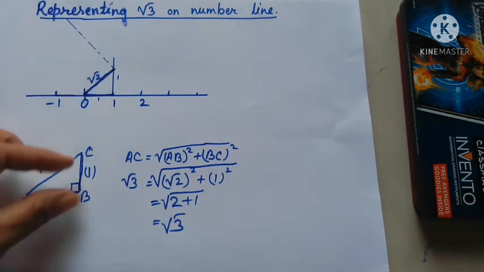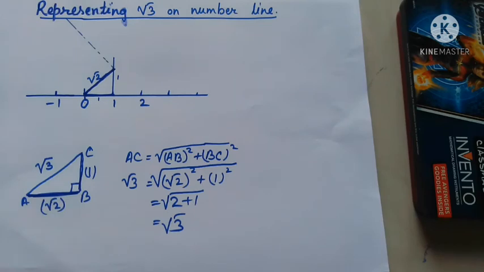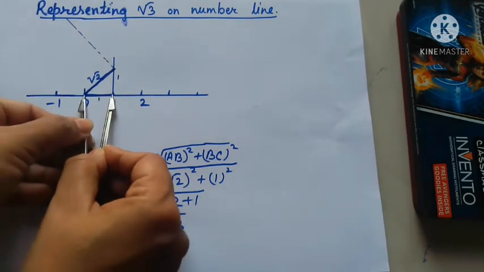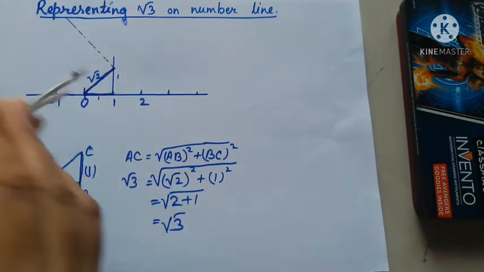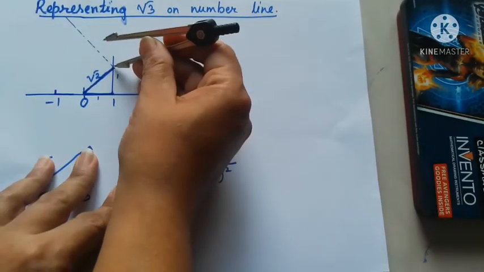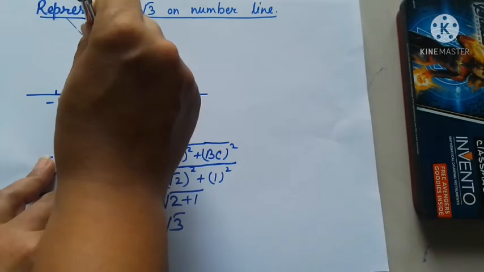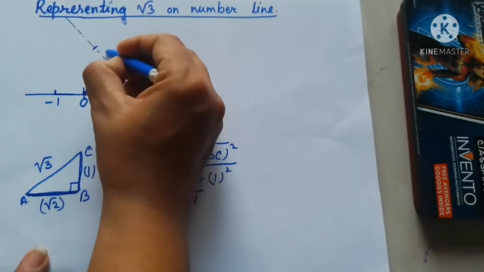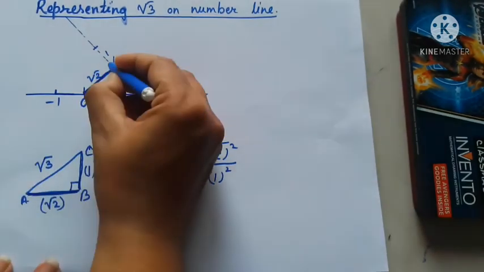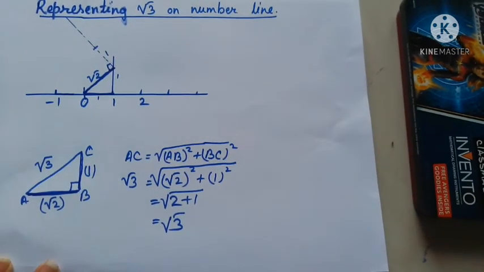Now what you have to take? You have to take it as 1 unit. In your compass or your divider I have measured 1 unit. So I will just see how much is 1 unit. It is coming till here. So till here is my 1 unit. That means this is the right angle triangle.